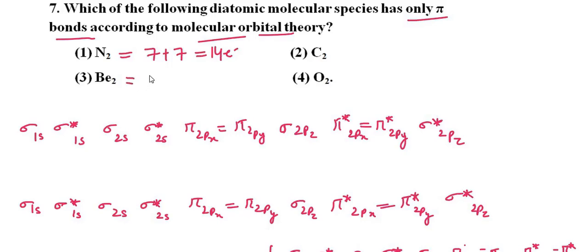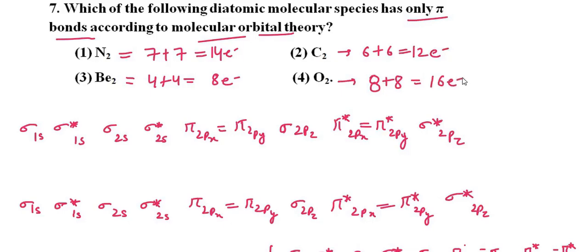In beryllium, the atomic number is 4, so the total number of electrons is 8. In the case of carbon, the atomic number is 6, so the total number of electrons is 12. In the case of oxygen, the atomic number is 8, so the total number of electrons is 16.